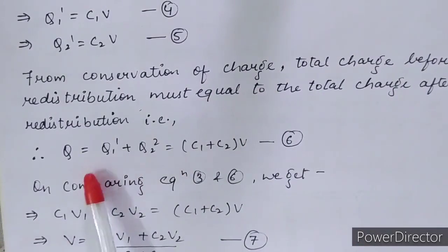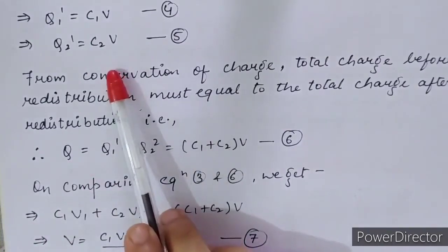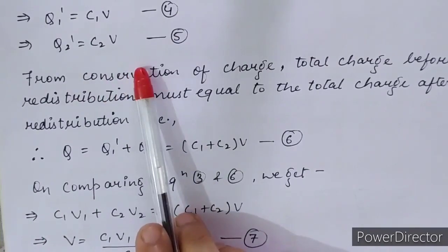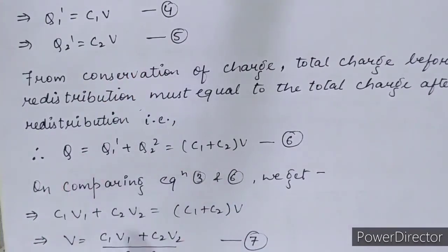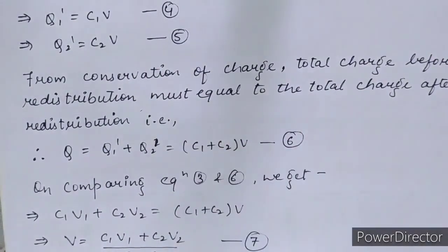So Q is equal to the total charge after the connection of the conducting wire. Q equals Q1 dash plus Q2 dash. This is dash, not square.